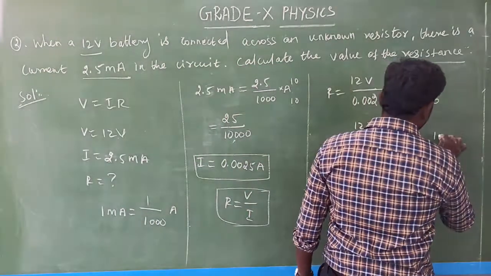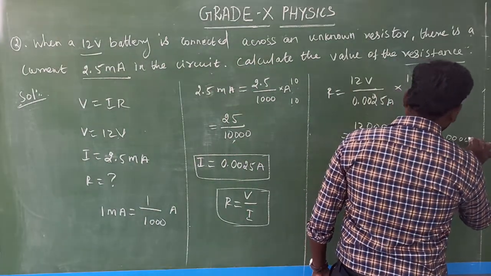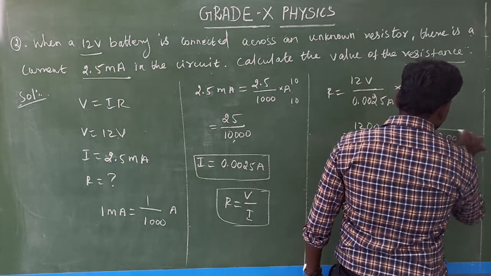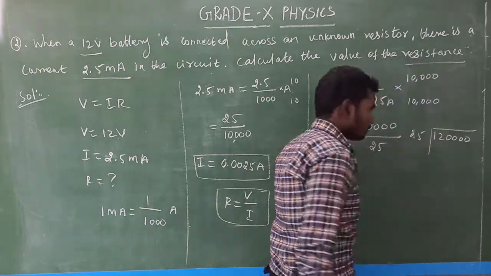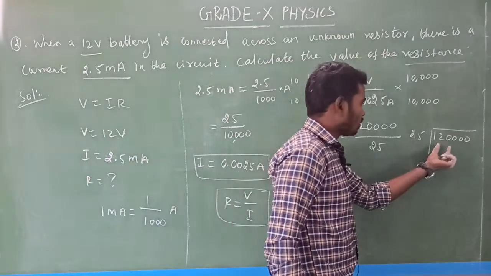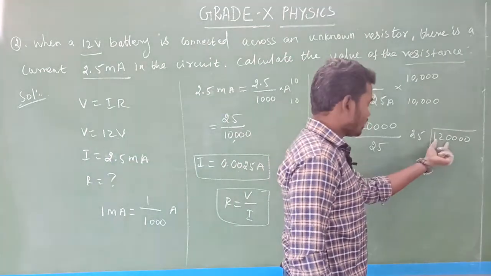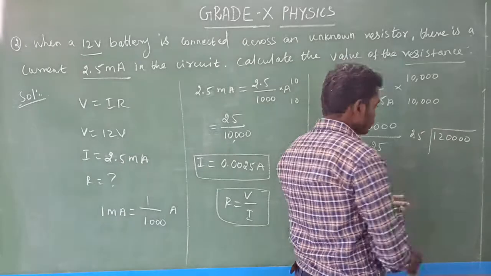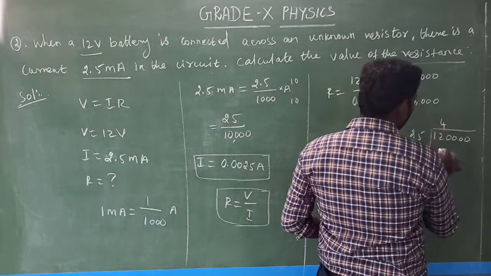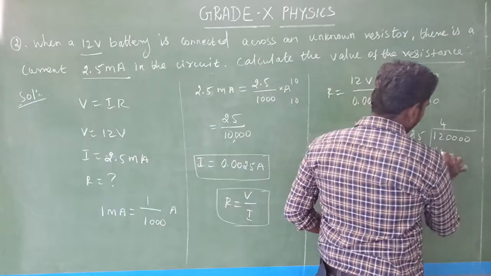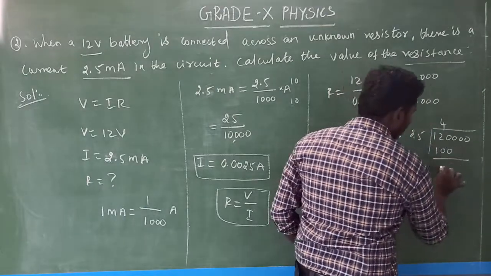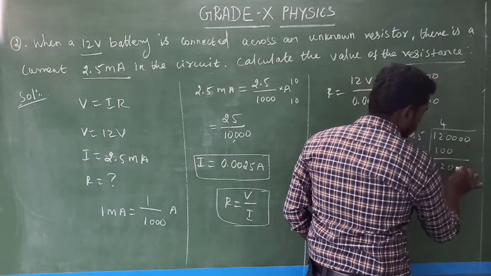Now divide 1,20,000 by 25. First take 3 digits: 4 into 25 is 100, and the remaining 20. We bring the 10 here.